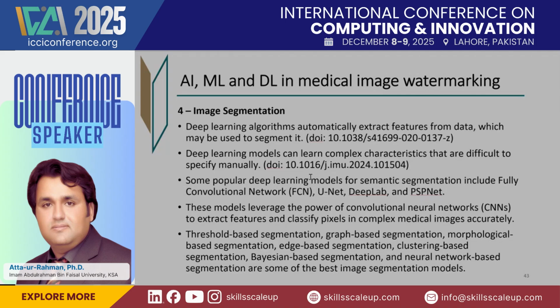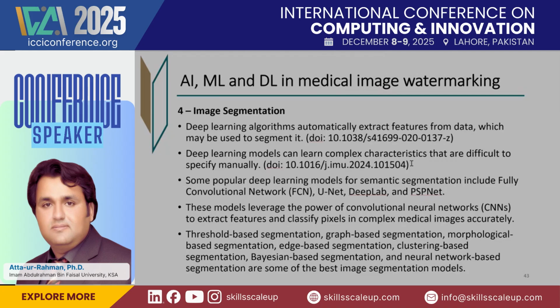So deep learning algorithms automatically extract features from data which may be used to segment it. These models can learn complex characteristics that are difficult to specify manually. Even when things are being done manually by employing, for example, a freehand tool, or applying polygons, still we cannot exactly distinguish between the region of interest and the region of no interest.